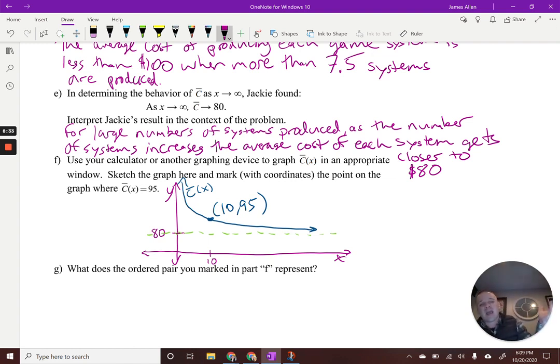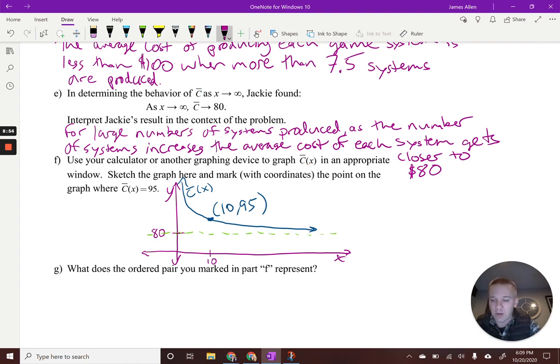And then once I divided everything by x, the number of systems produced, that's when we got our average cost function, the C bar of x. So my input is 10, and then my output of the C bar of x function is 95, meaning when I produced 10 systems, my average cost to produce each system was $95.